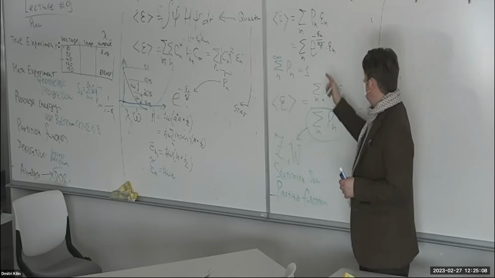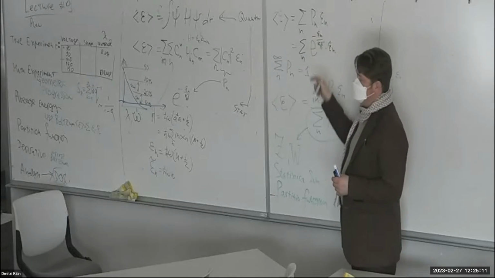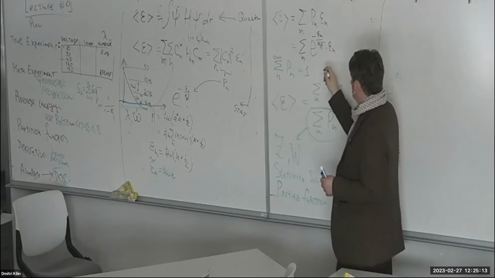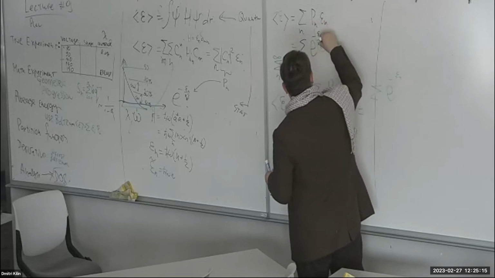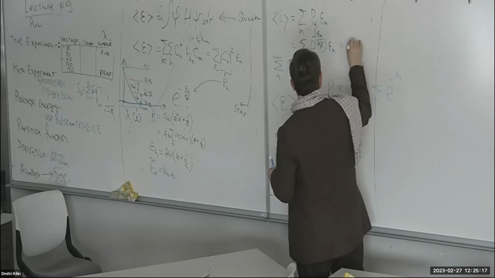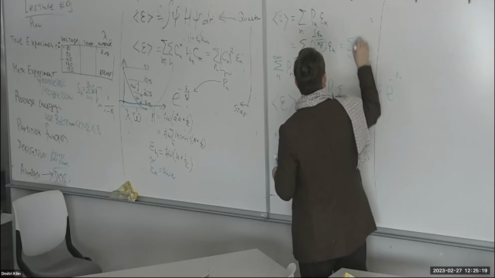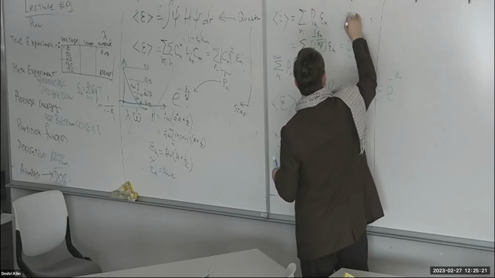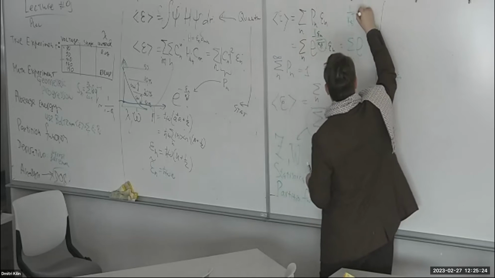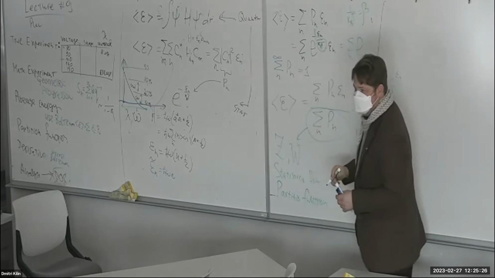But one needs to have things in the numerator, not in the denominator. So one just calls 1 over Boltzmann a new variable.